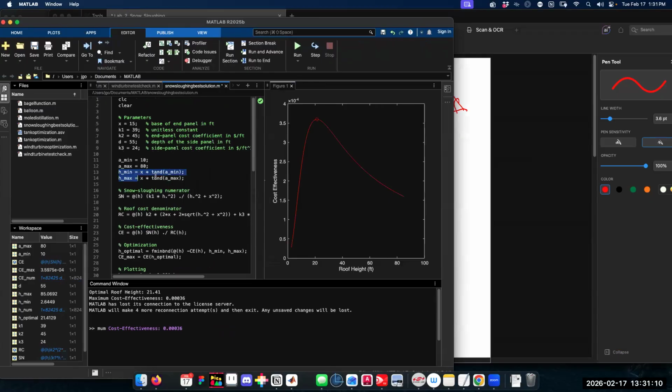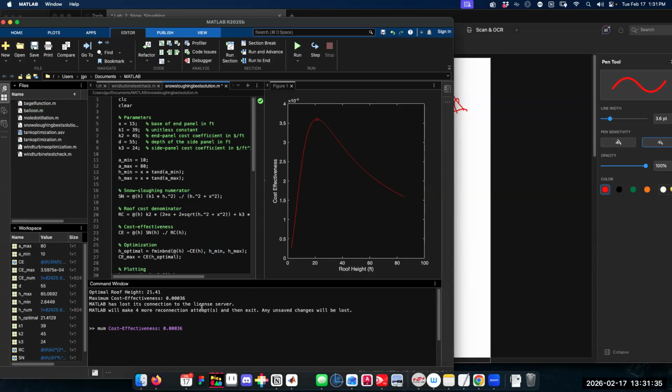So I guess these are your bounds. So instead of saying angle 10 degrees, angle 80 degrees, we're making a graph where the bounds are the height minimum that's created by the angle 10 degrees. So we're following our hint and making H the variable, but by doing so, we can no longer use A. So we've got to use the A to find the H.